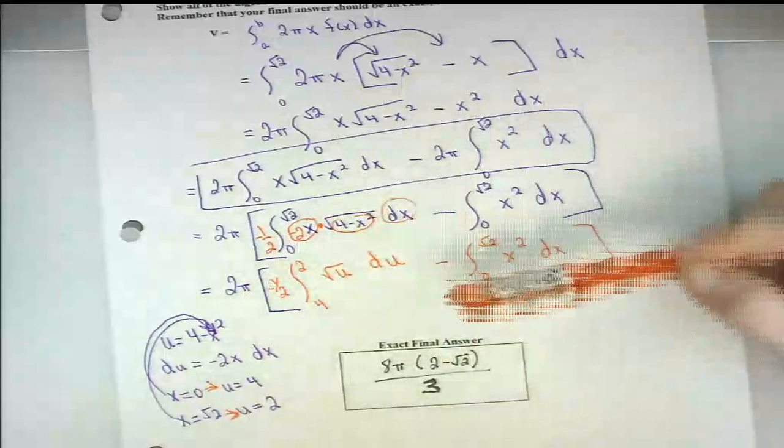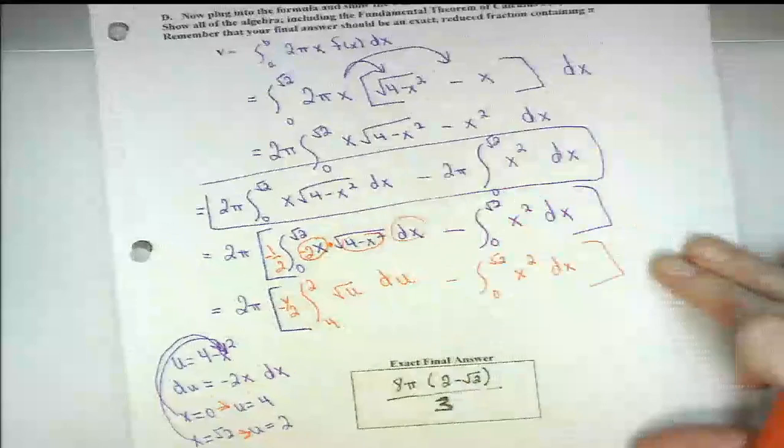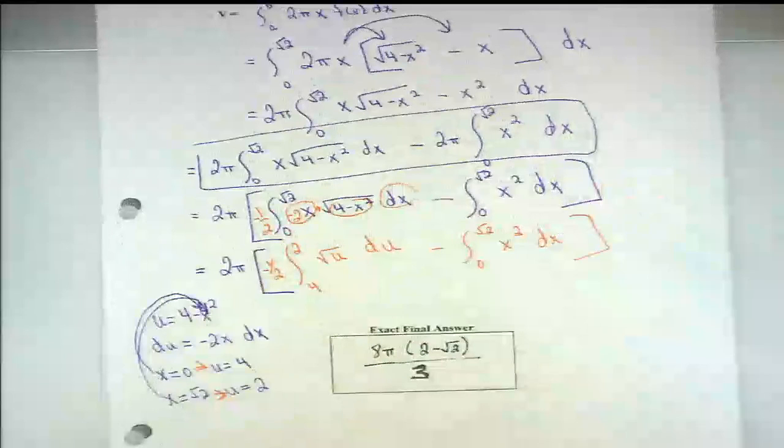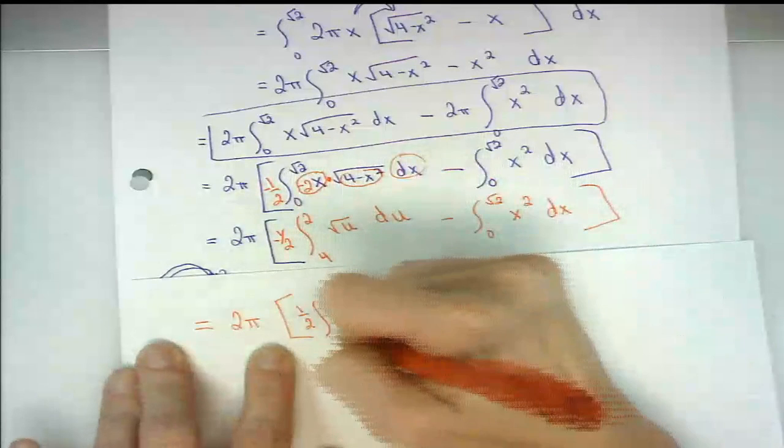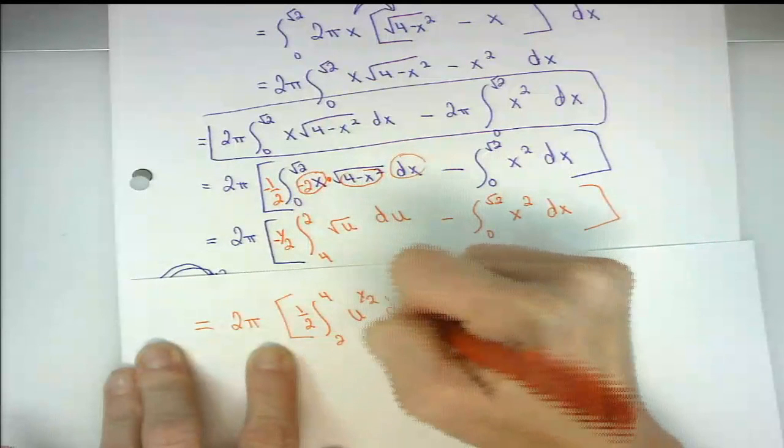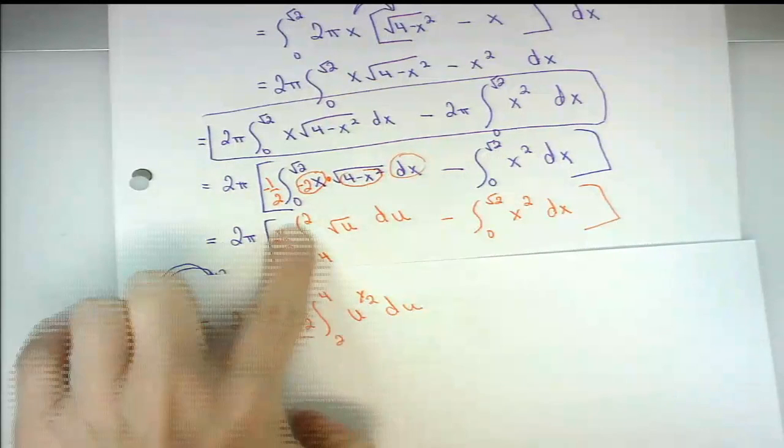So from 2 to 4, u to the 1/2 power. Because that just bothered me that it went from 4 to 2. It needs to be going from 2 to 4.